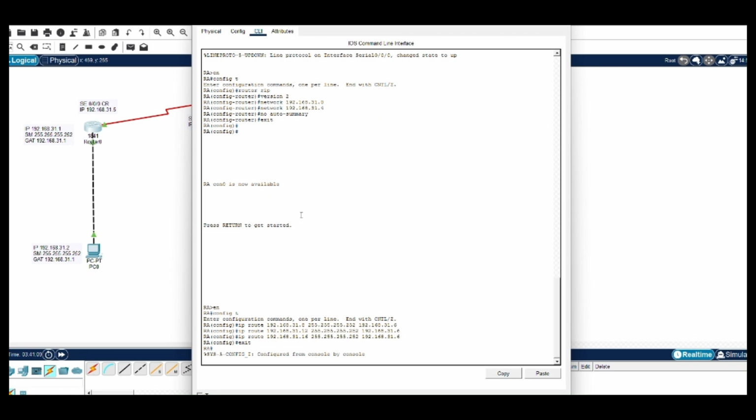Now we applied this protocol, static route, where it shows the path that the data takes, and that means the IP route of the data transmission. So the first IP address means the destination where the information should come.